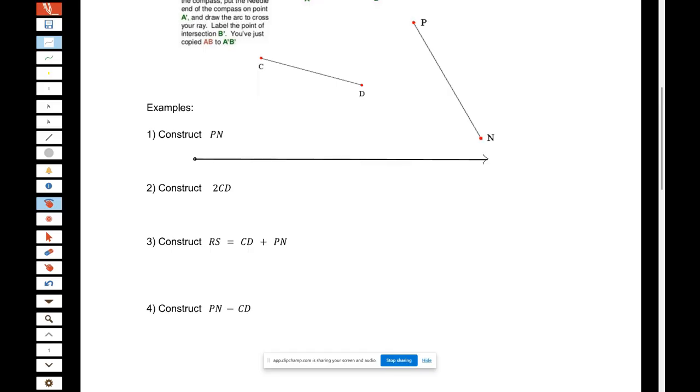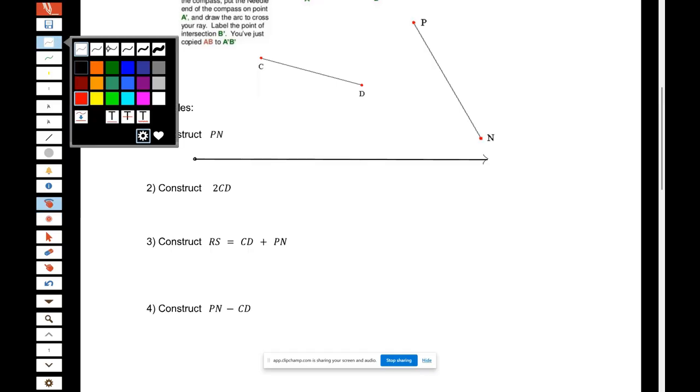And then I'm going to open my compass to the length of PN. And then I'm going to measure that length onto my ray and make an arc. So my arc from my compass, I'm going to put my pointy side of my compass over here and my pencil side over here.